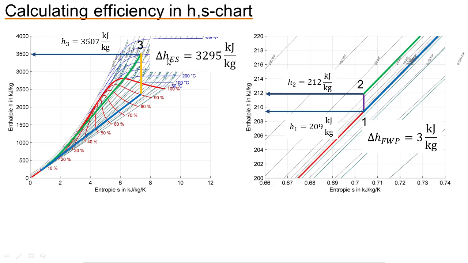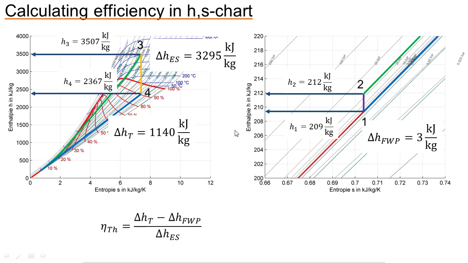So you can calculate the specific amount of energy you get in your evaporator and steam superheater. Let's go down here to the turbine, and you see the end of the turbine has a specific enthalpy, and you can just calculate it by subtracting these values. It's pretty easy.